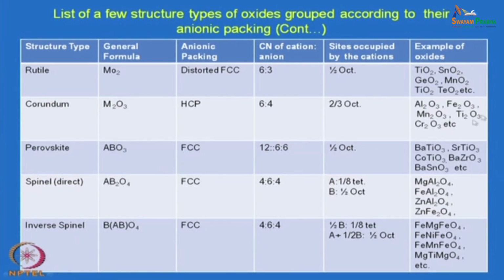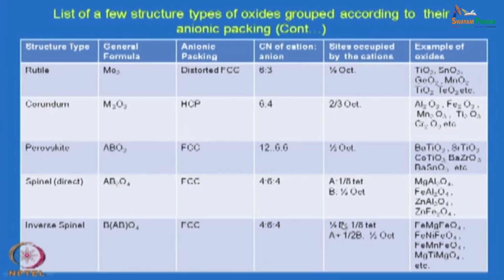B was here in the spinel structure, the normal spinel structure, or direct, though it is actually mostly called normal spinel, not direct spinel. In the normal spinel structure, B atoms are in the octahedral sites, whereas in the inverse spinel B atom is distributed between octahedral and tetrahedral.